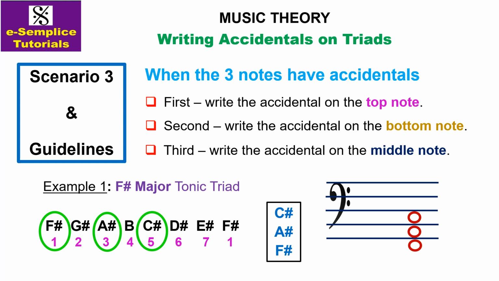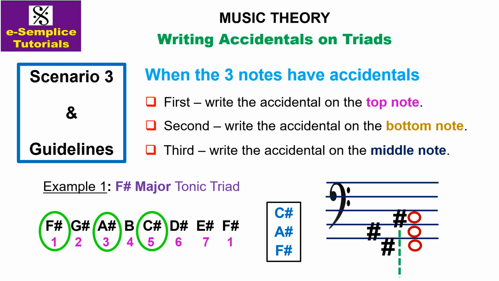The top note receives its accidental first. So the sharp of C is written first, followed by the bottom note. The sharp of F is written second. Then the middle note, the sharp of A, is written last.